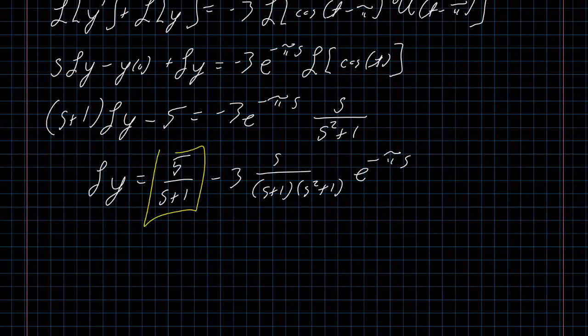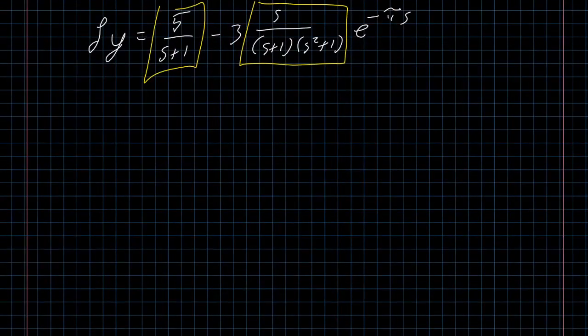This first piece is fairly straightforward to deal with, so I'm not even going to worry about thinking about it. This piece is an annoyance. Unfortunately, the only thing that we have at our disposal is partial fraction decomposition.